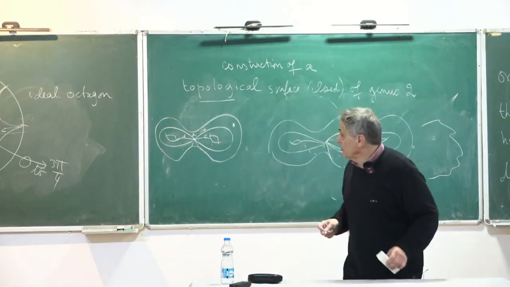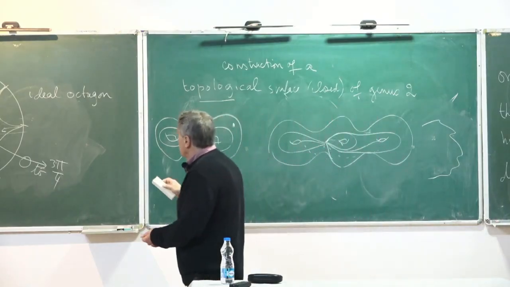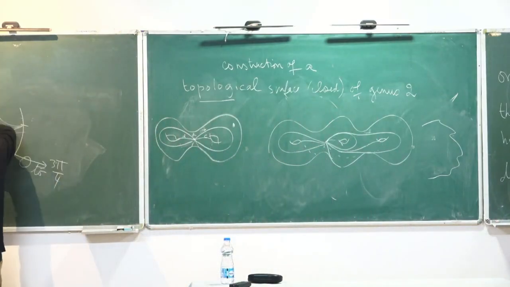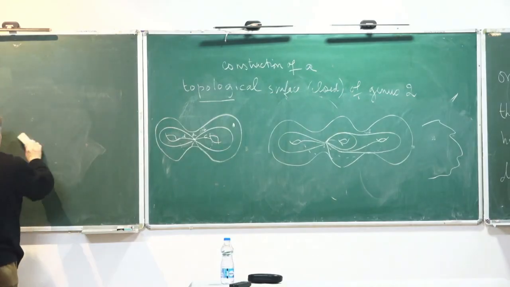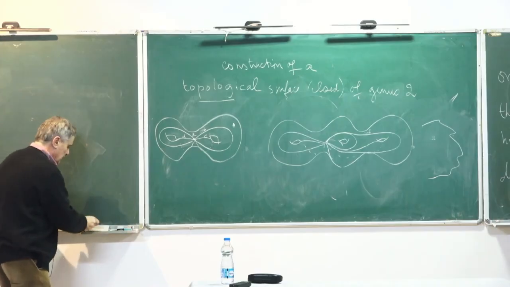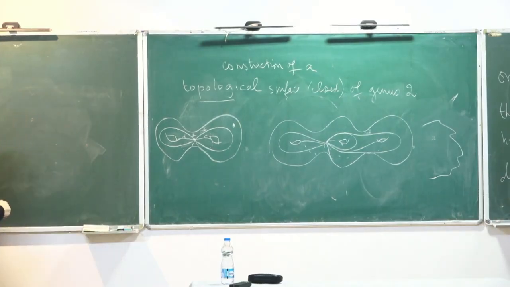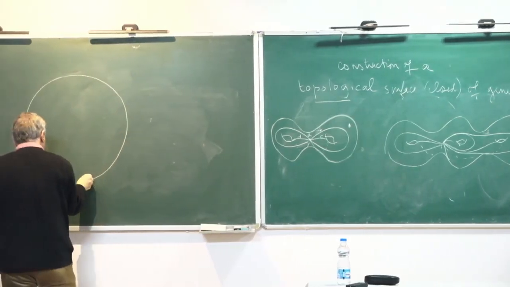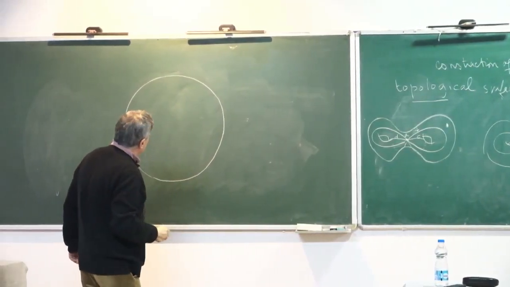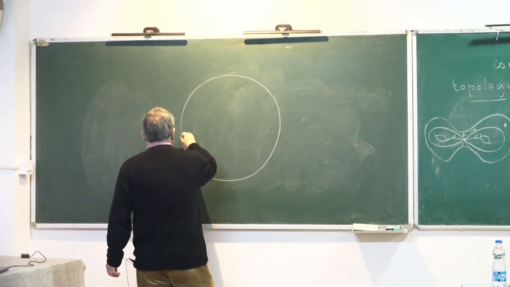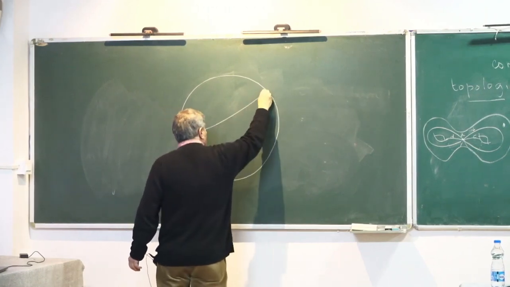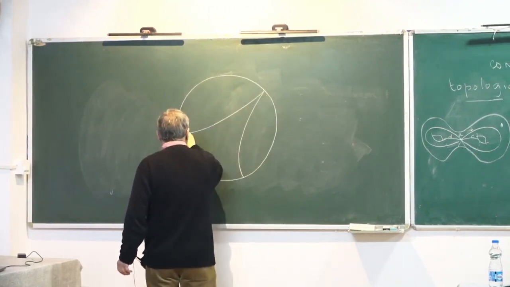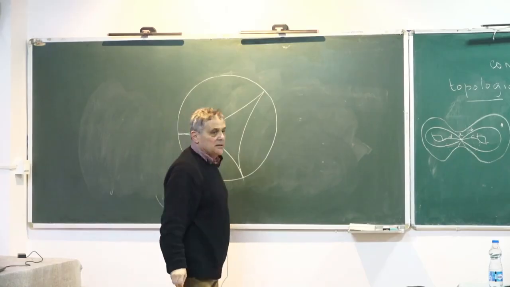Okay. So I want to talk about something else about the construction of hyperbolic surfaces. So now, we know that in the hyperbolic plane we have ideal triangles.